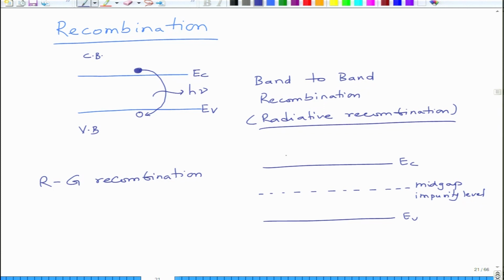What happens in this case? You have an electron sitting here, you have a hole sitting here. The electron and hole may reach the trap and recombine, and this kind of recombination is called trap assisted recombination.